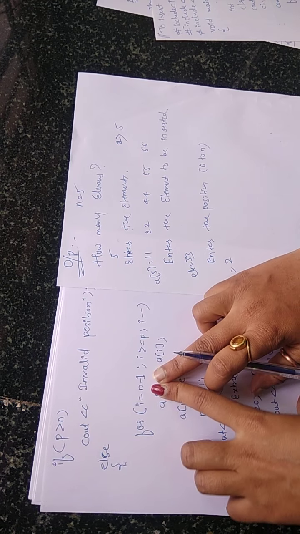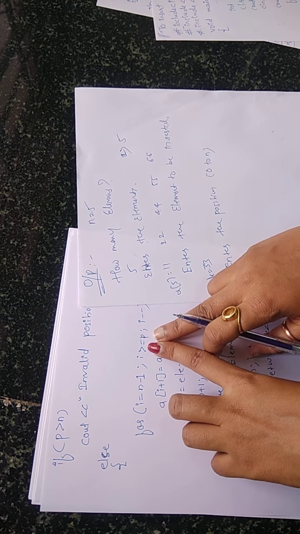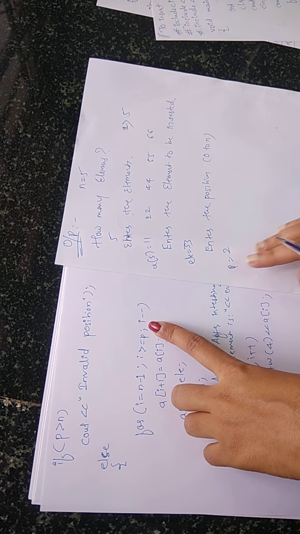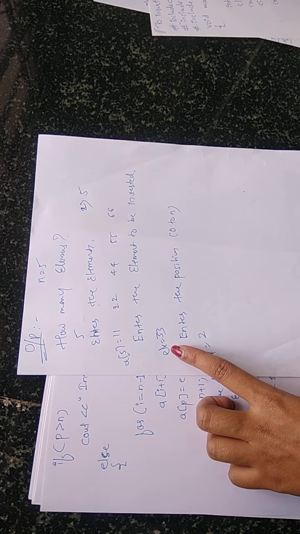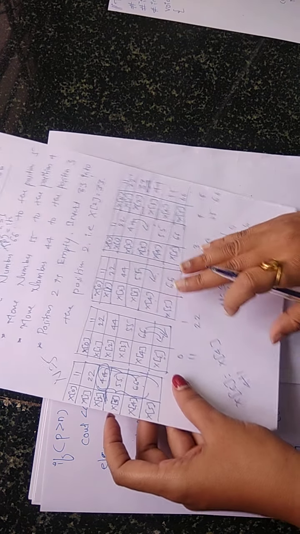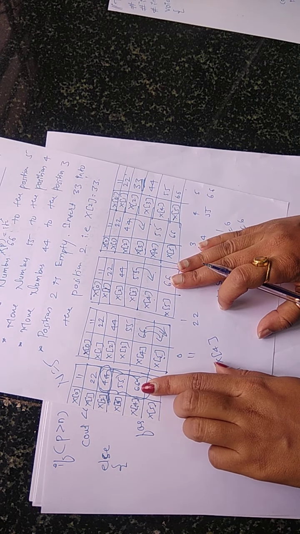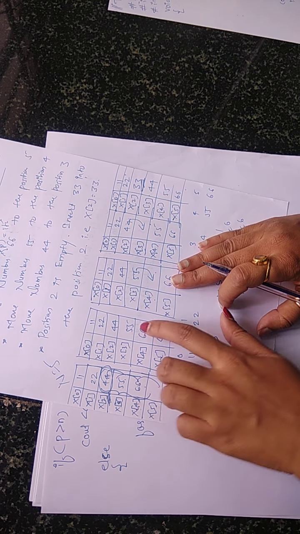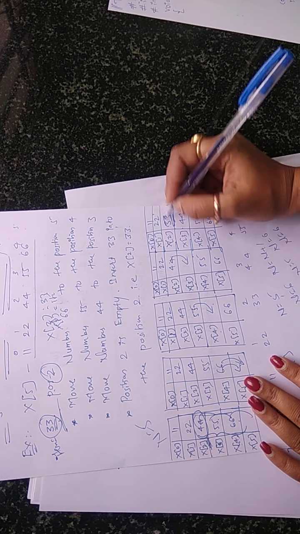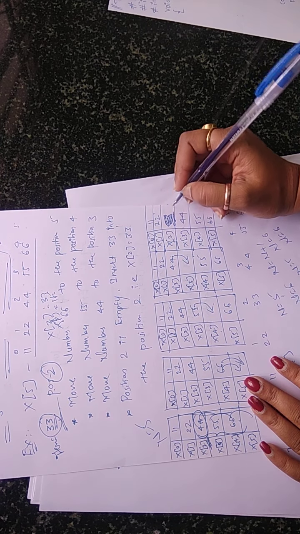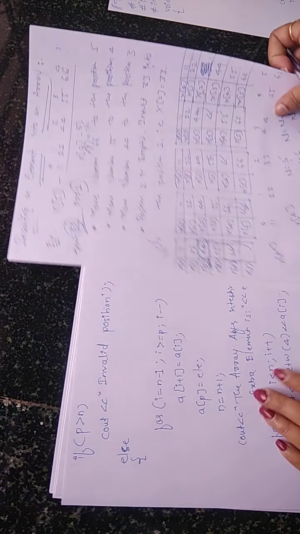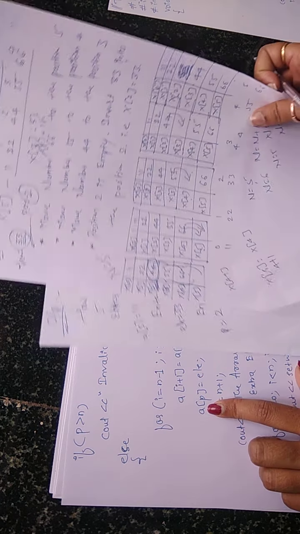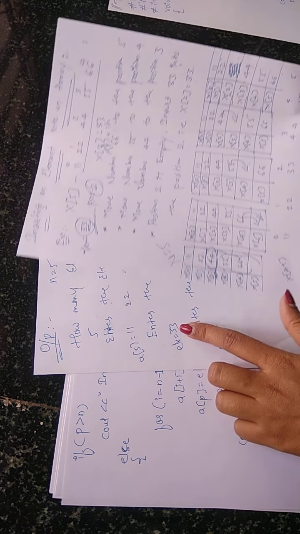For I equals to n minus 1, I greater than equals to p, I minus minus. Means like this what we did here. Every time till your I value is there, your values are going to be shifted to the next, and you will get a of 2 value, that is a of 2 is empty, and then we say a of p is equals to ELE. What is there in your ELE? 33 is there.